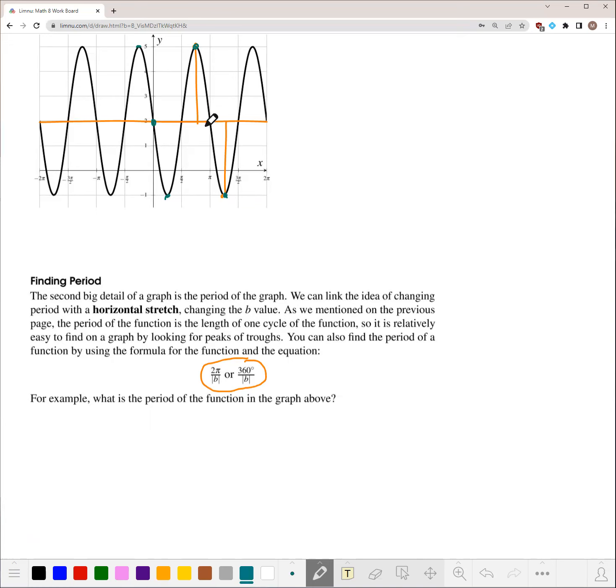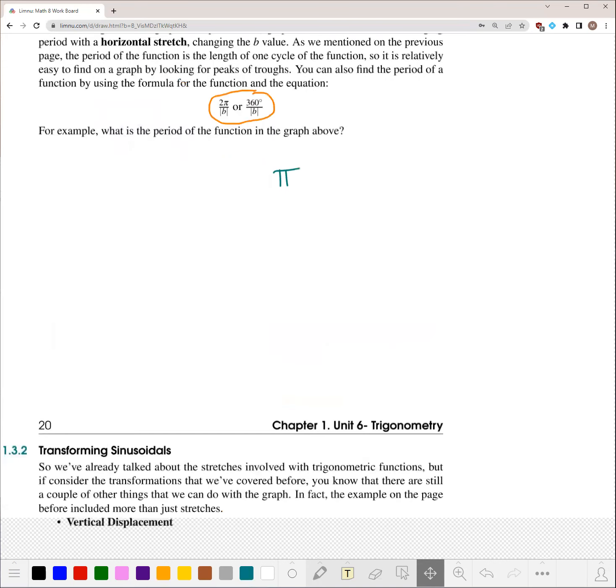I'm going to just find the next time I have a midline intersection going the same direction. And that makes it really easy math. I see that my period is pi. The only caveat to that is, of course, I've got another one here, but see how this is going down and this is going up? They're not at the same point in the wave, so that doesn't mean we have a full cycle. Okay, so our period in this one would just be pi.